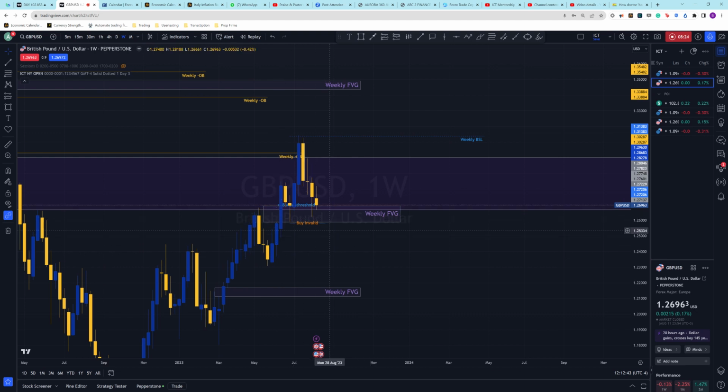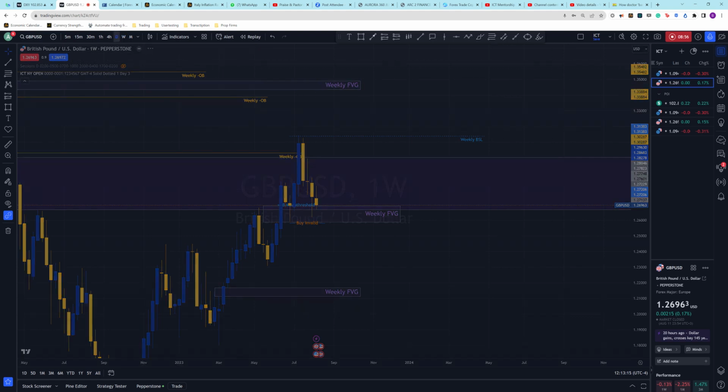We could see price drop in to fully mitigate that and then drop lower, or drop in, fully mitigate that, and keep going higher. If it drops in, the full mitigation would coincide with what we said earlier about the DXY, that it looks like it would want to go and fill in a few arrays up there. Drop into the daily time frame.